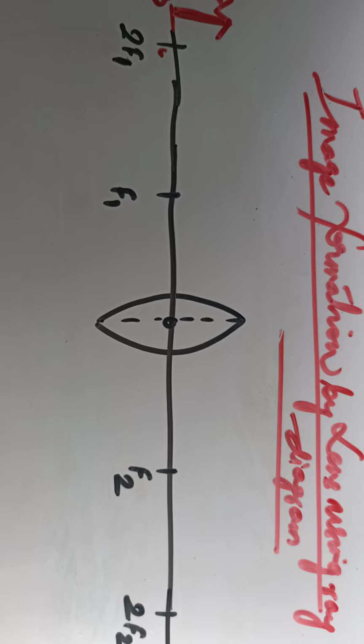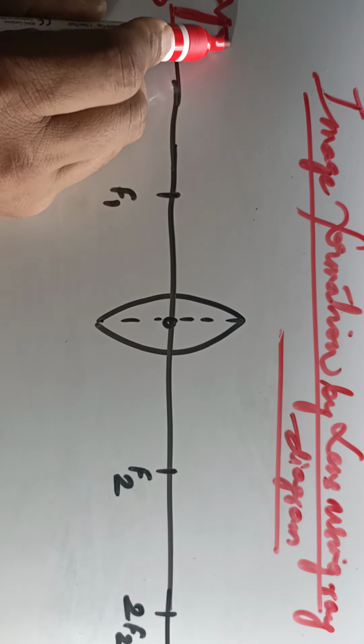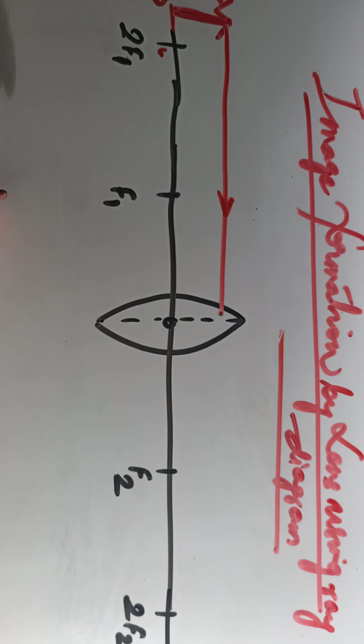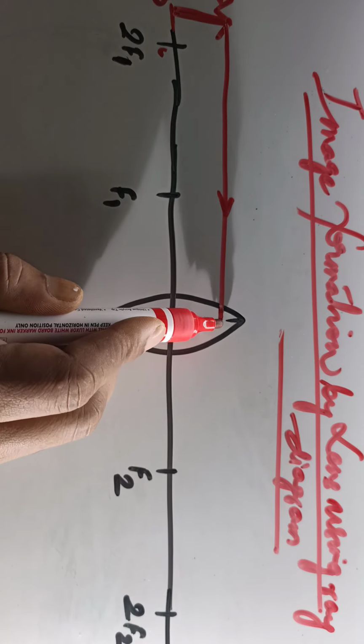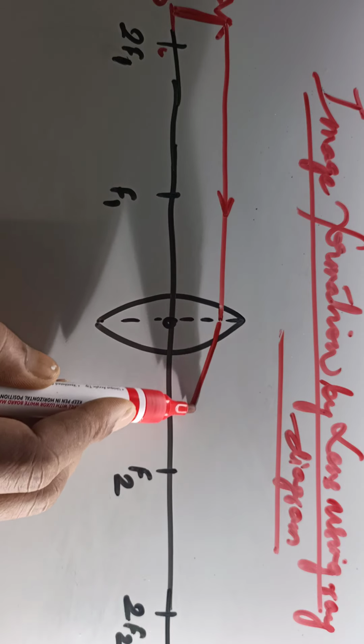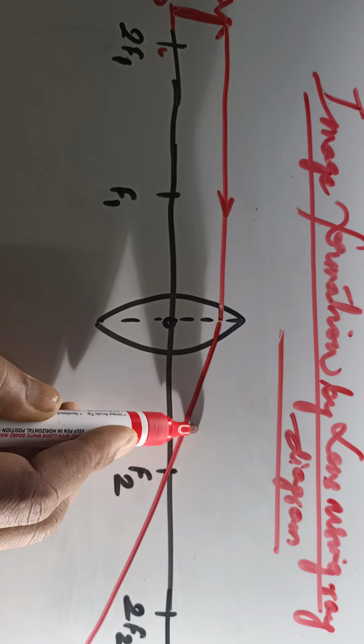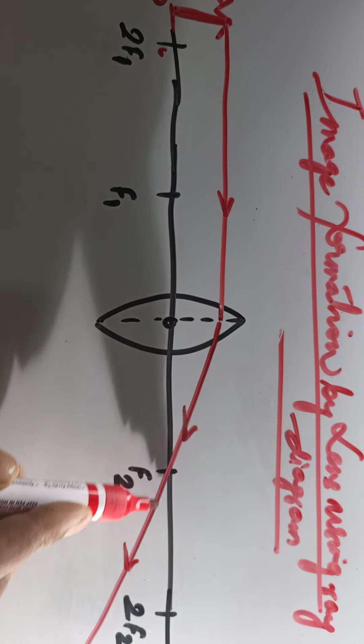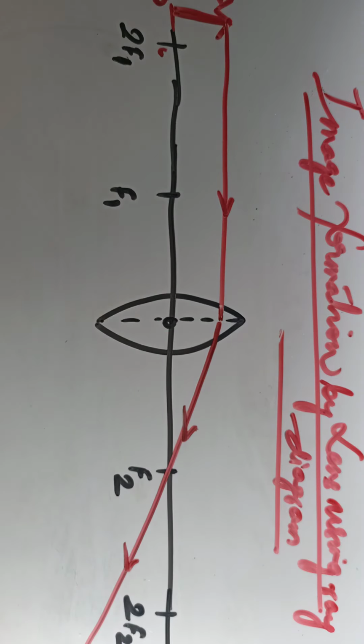What does rule 1 say? A ray of light which travels parallel to the principal axis after refraction passes through the focus. No problem, simple as that. A ray of light which travels parallel to the principal axis after refraction passes through the focus.